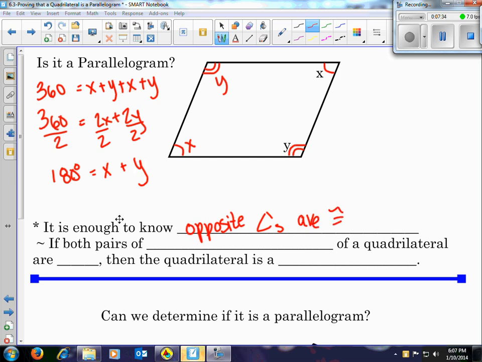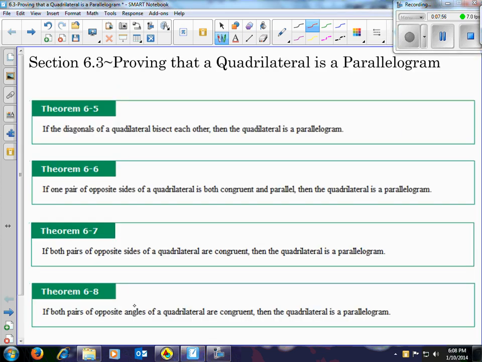So then we have our theorem: if both pairs of opposite angles of a quadrilateral are congruent, then the quadrilateral is a parallelogram. So this proves our last theorem that we saw over here.